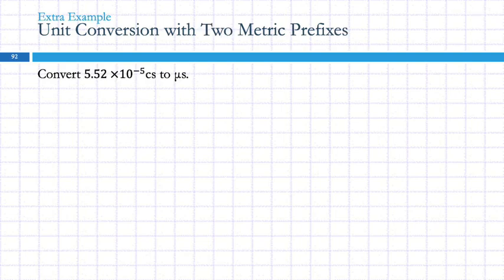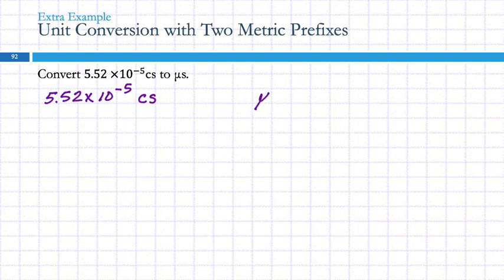Let's do one that has two prefixes. If we have two prefixes, how many steps? 2 steps. So I've got the number that I'm starting with, 5.52 times 10 to the minus 5 centiseconds.